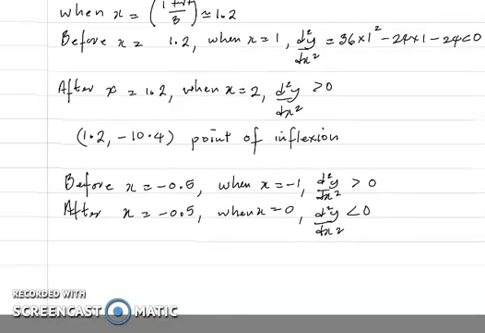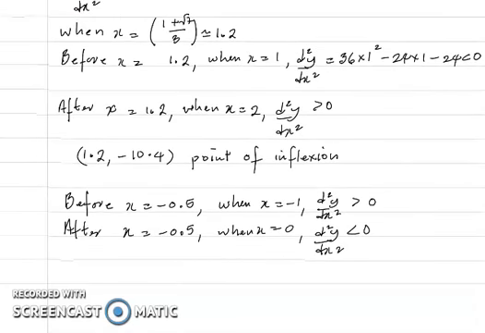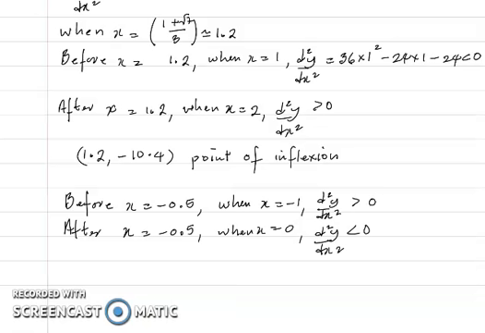So before and after x is equal to minus 0.5 the graph changes concavity, therefore minus 0.5, 5.3 is a point of inflection.